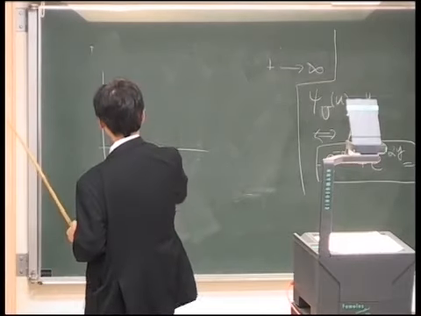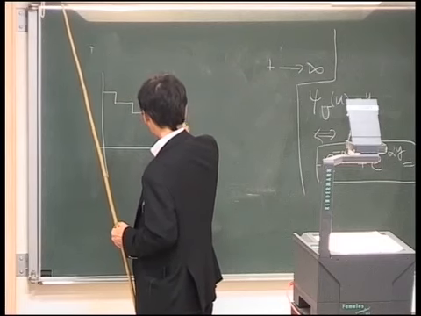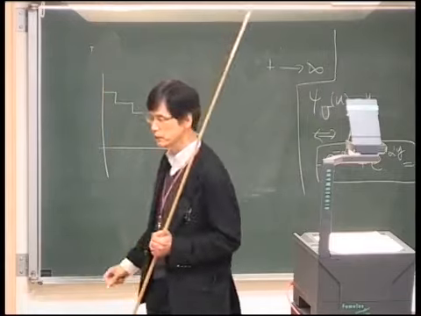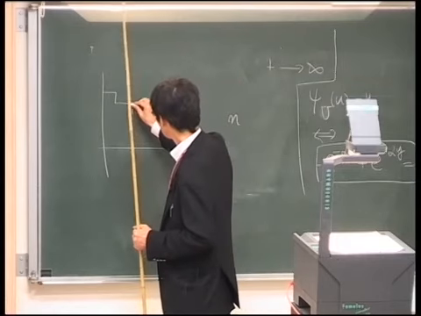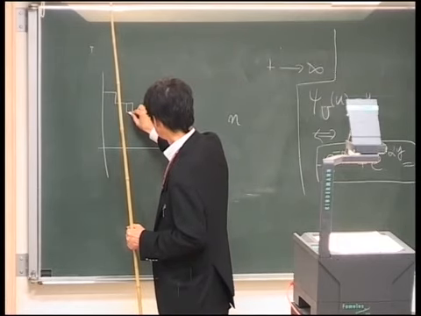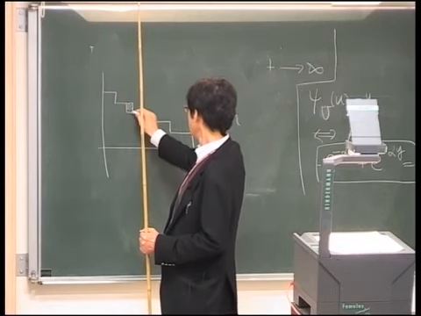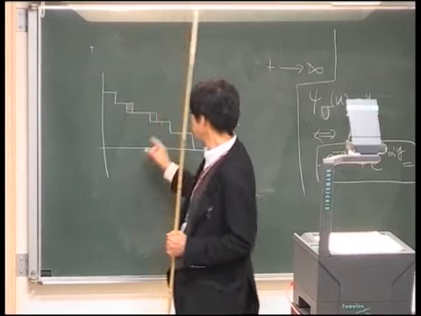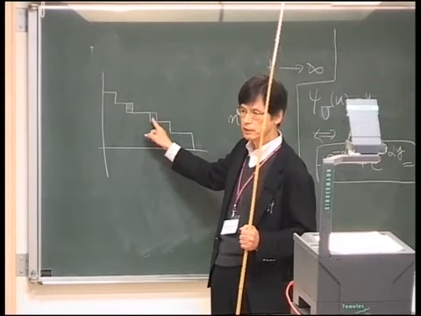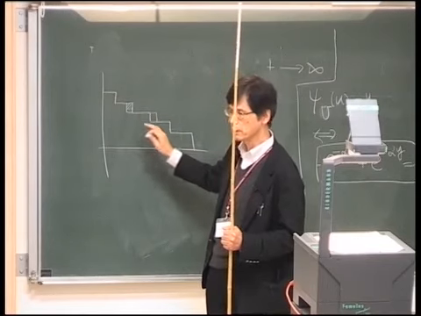But the canonical measure means the size, or the area, of the Young diagrams is kept at n. So this square may be eliminated, but at the same time this one is created somewhere. Then the area is kept under the dynamics.